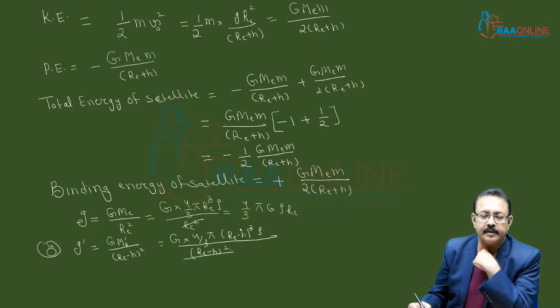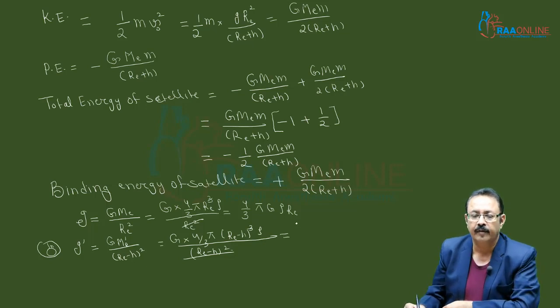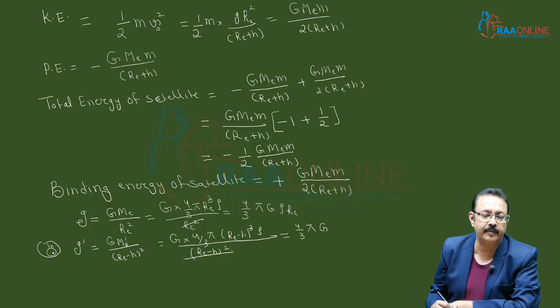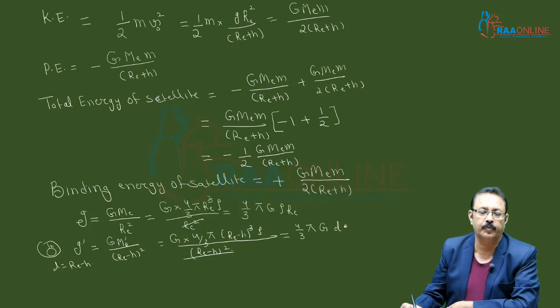Cancel 2 with this. So what we are getting inside? 4 upon 3 pi G RE minus H. What is RE minus H? Distance from center. If I am writing it d, so inside the surface I am getting 4 upon 3 pi G d into rho.